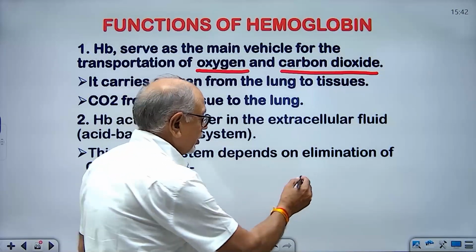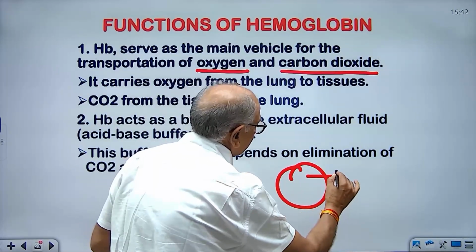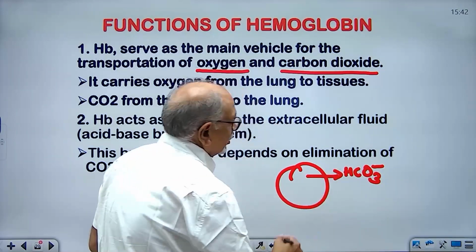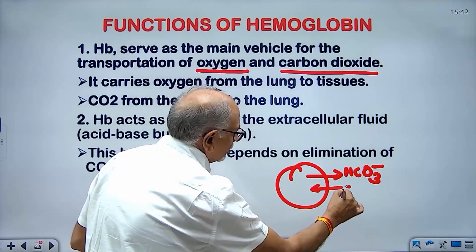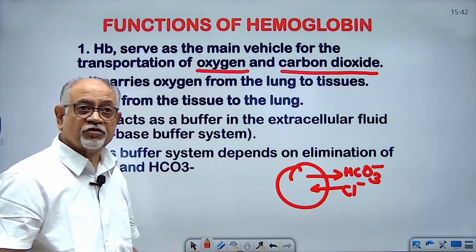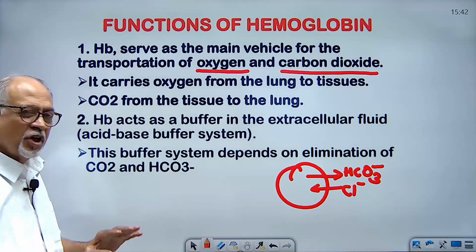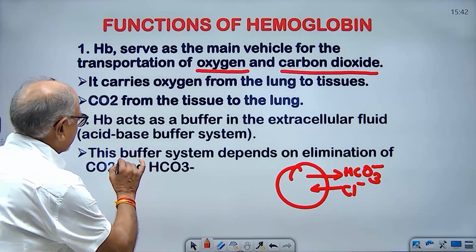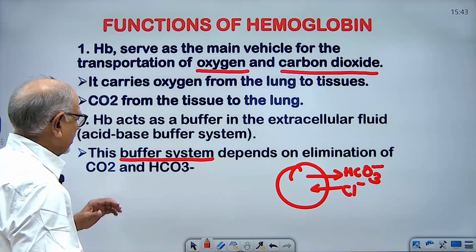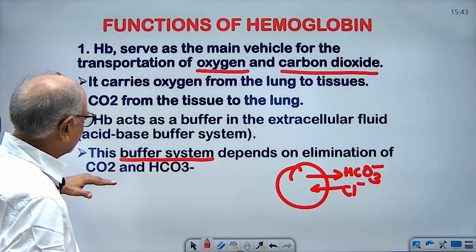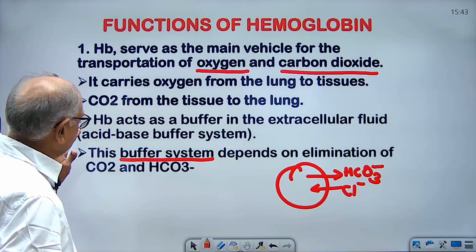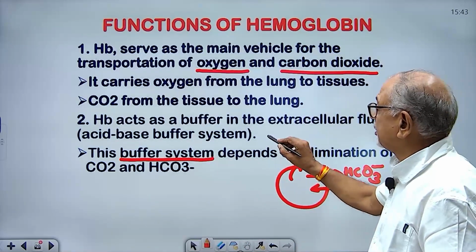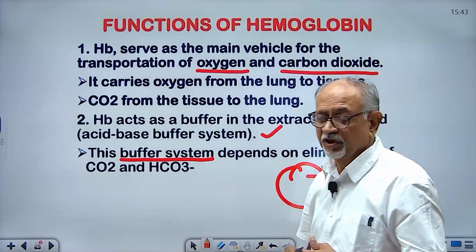These HCO3 ions come out of the RBC in lieu of a chloride ion. So this is called chloride shift. In this way, the hemoglobin serves as a buffer system, and during the elimination of carbon dioxide and HCO3, it acts for balancing the acid-base buffer system in the blood plasma.